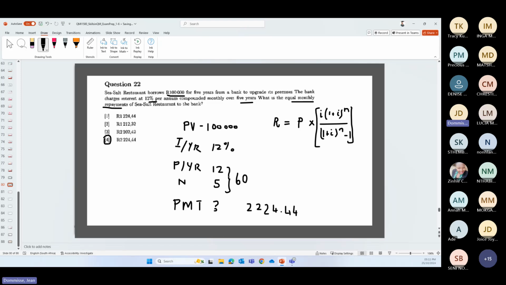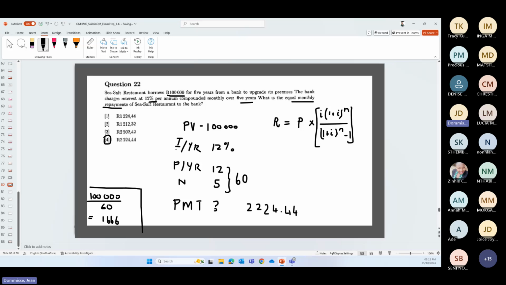What I also normally do is check what 100,000 divided by 60 is. That is, if there was no interest paid at all, I would have needed to pay back 1,666 Rand per month.